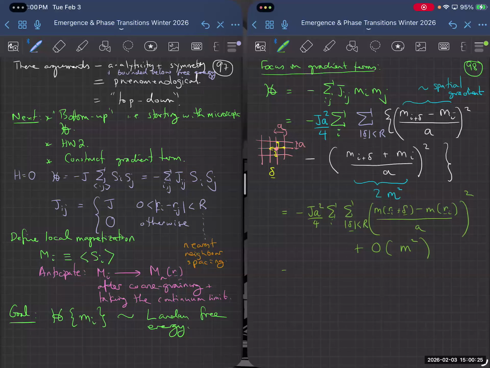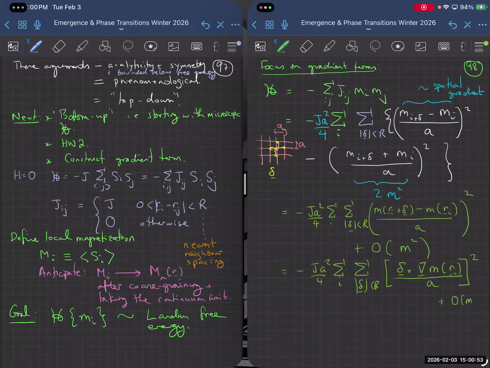Then I can write this inside by doing a Taylor expansion as delta dot grad m evaluated at r_i divided by a, and that whole thing squared, plus order m squared.